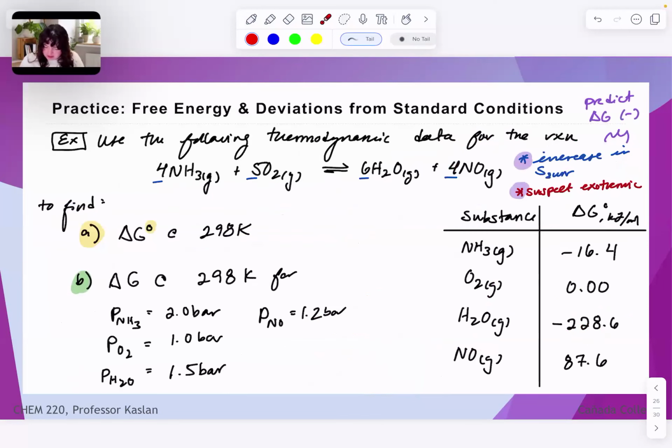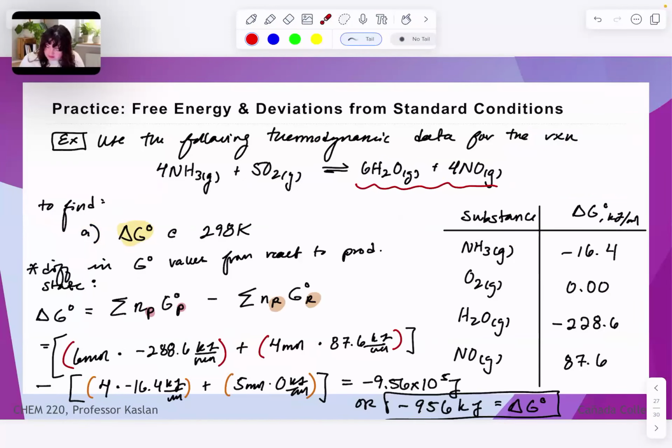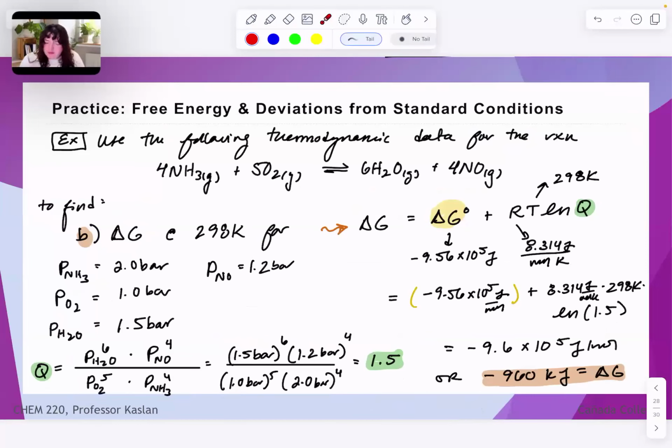So our reaction quotient is not one that exists, what am I trying to say? Not one that exists like post reaction, right? Like we've got all the pressures and relative amounts that give us conditions before equilibrium has been established.